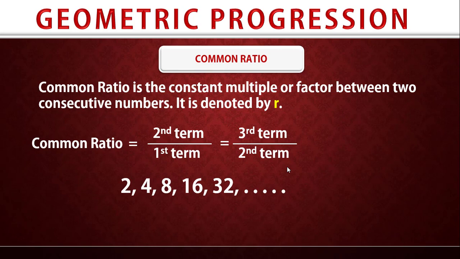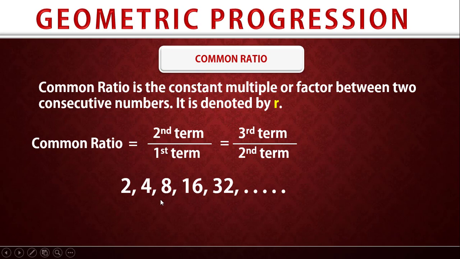Let's consider this example right here. We have this sequence: 2, 4, 8, 16, 32. If we follow the common ratio, 2 is the first term, 4 is the second term, and 8 is the third term.